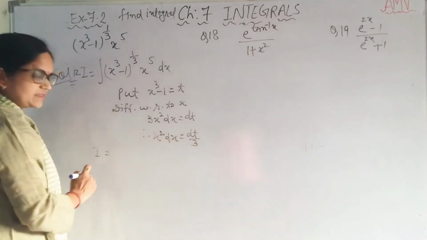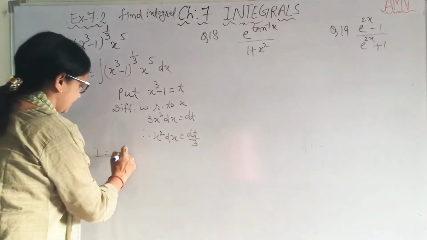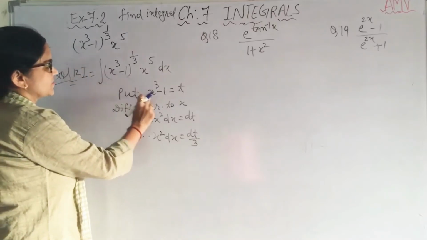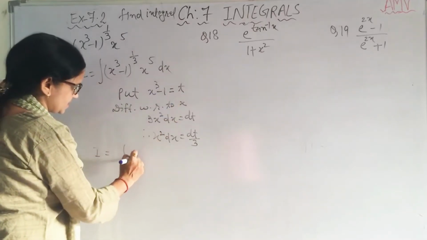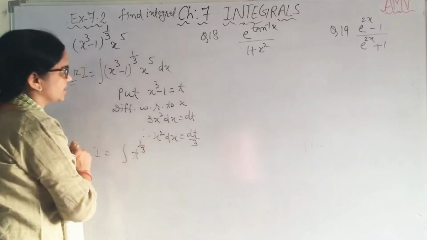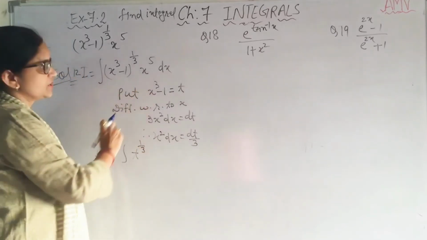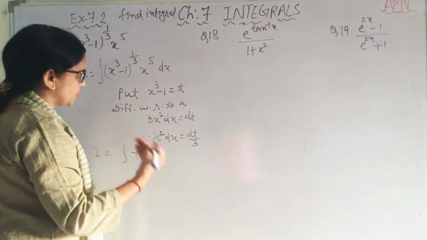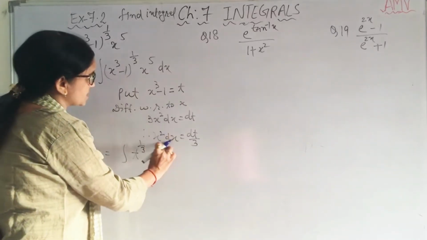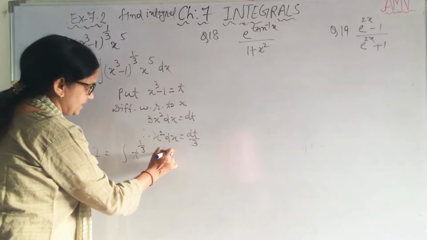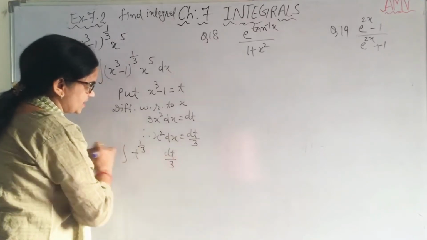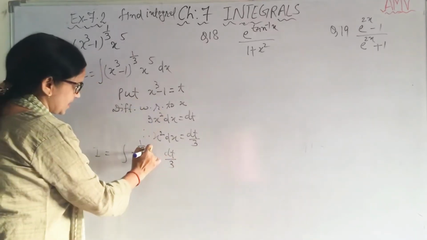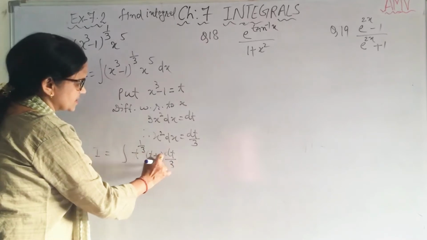That's why the integration becomes x cube minus 1, which is t, so t raised to 1 by 3. Now x to the 5, we can break this as x cube into x square. In place of x square dx, I am writing dt by 3, and x cube is t plus 1.